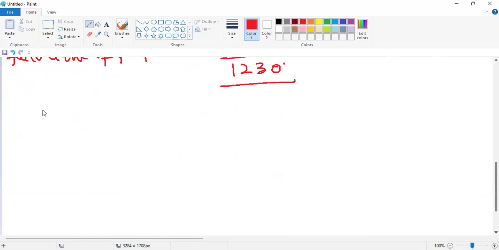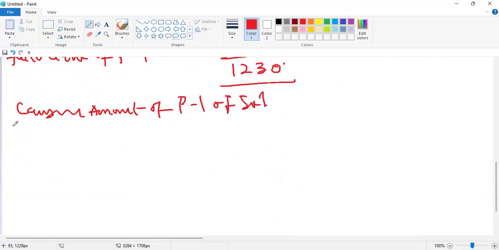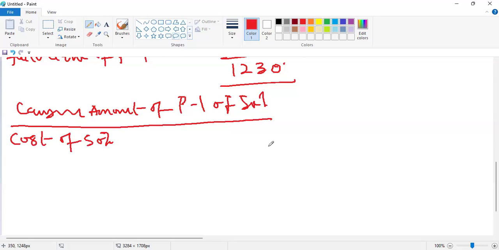I'll go and get the carrying amount of the previous investment of 50%. Initial cost of 50%. He paid 500.